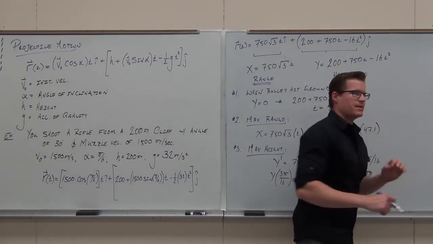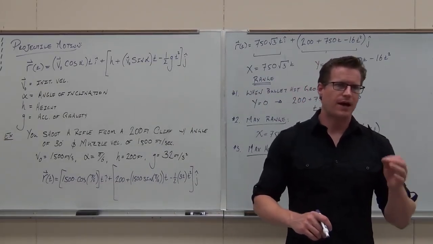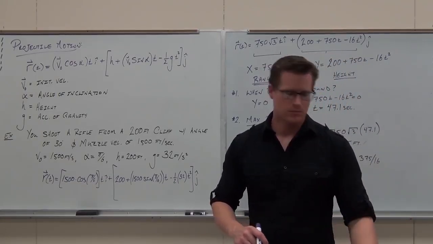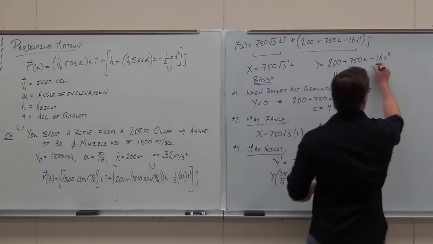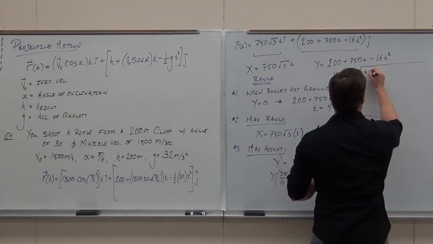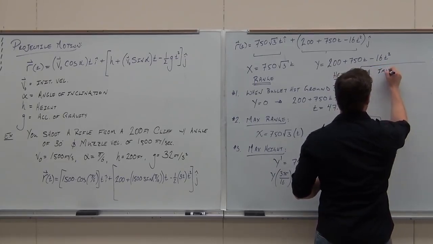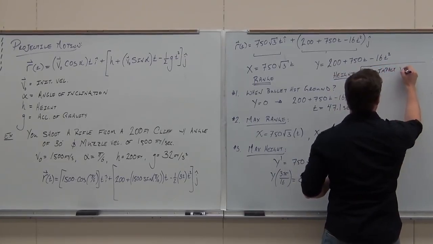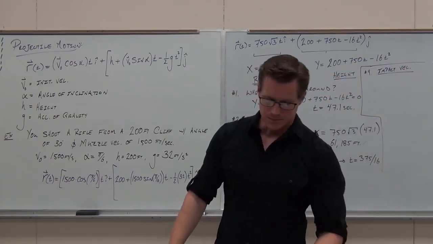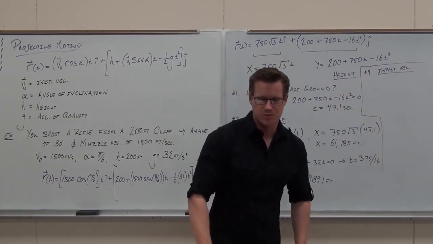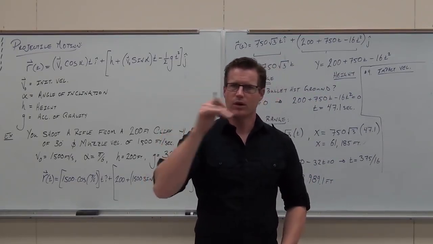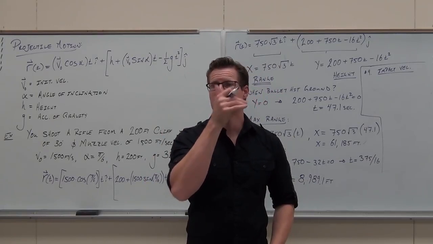Could you figure out the impact velocity? How fast it's going when it's hitting the ground? Could you do that? It's actually going to be impact speed. It should really just be speed, but we call it impact velocity. So the speed when it hits the ground. What's going to give us speed?